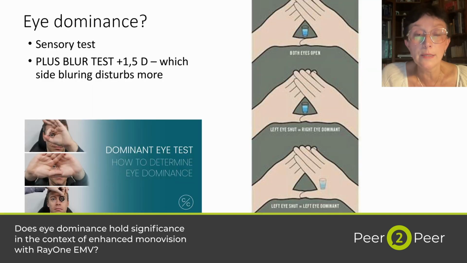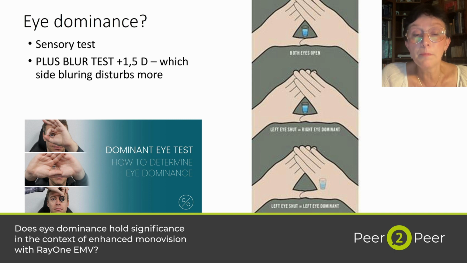As I told you previously, RayOne EMV is a special lens designed for monovision. EMV stands for enhanced monovision. So how to, first of all, evaluate eye dominance? There are two tests, and I'm showing this on my slide: the sensory test and the plus blur test.